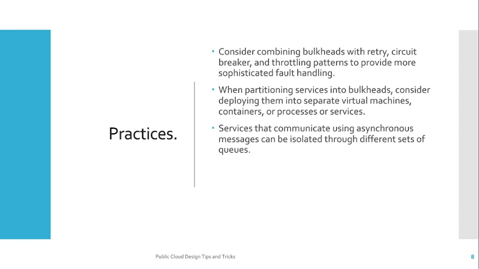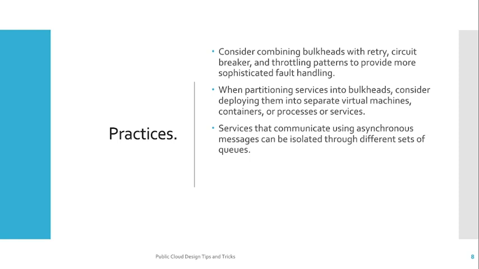Now, the practices that we generally recommend following during bulkhead design are to consider combining bulkheads with the retry, circuit breaker, and throttling patterns to provide more sophisticated fault handling. When partitioning services into bulkheads, consider deploying them into separate virtual machines, containers, processes, or services.